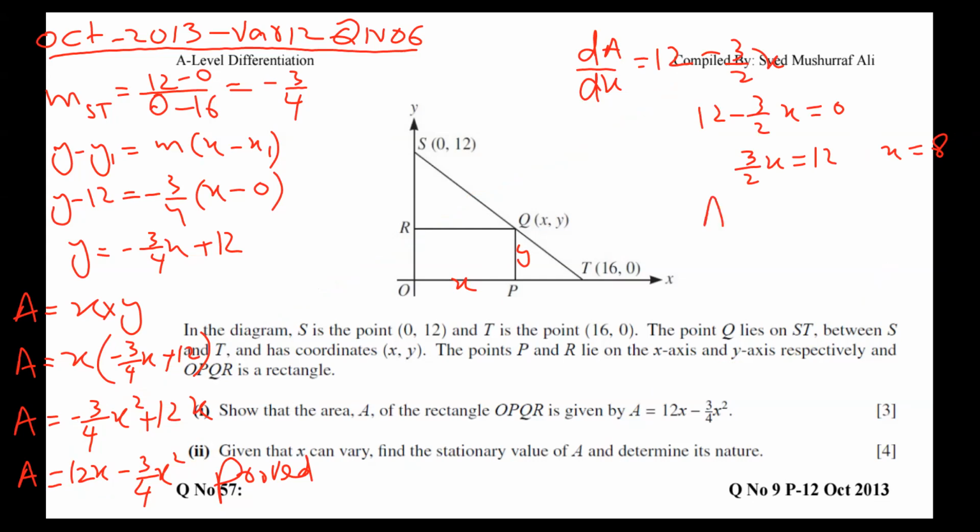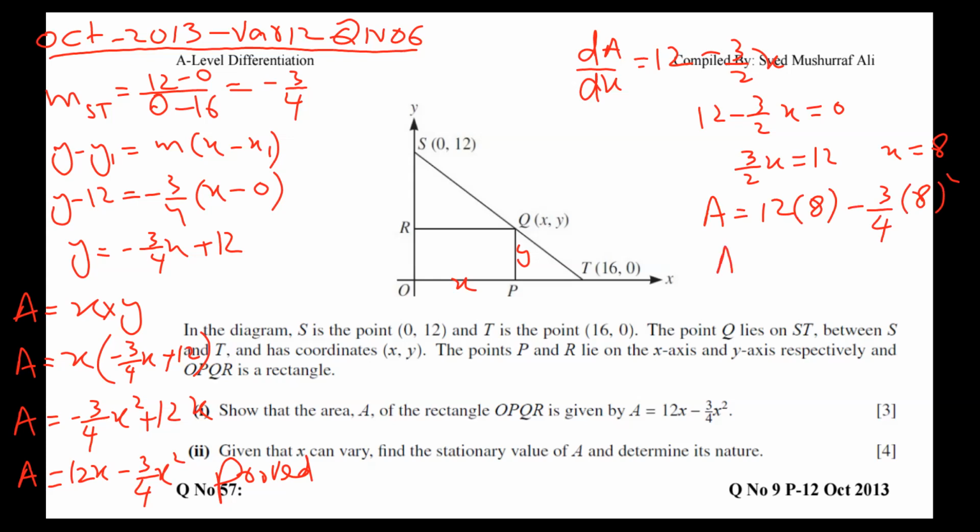So let's see how we can get it. The area is equal to 12 times 8 minus 3 over 4 into 8 squared. And it will give me the stationary value. 3 divided by 4 into 64 comes to 48.